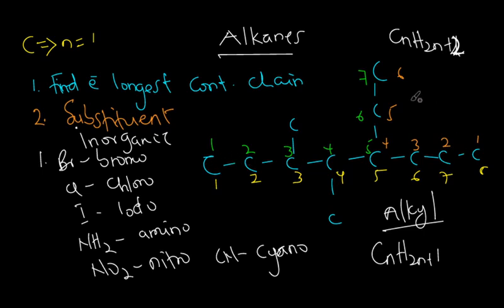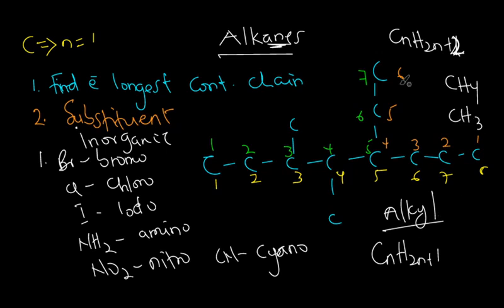The first alkane we have is CH4, which is called methane. The alkyl part of this will be CH3. It will lose one hydrogen. Because this one is called methane and it's an alkane, the one losing one hydrogen is an alkyl group.